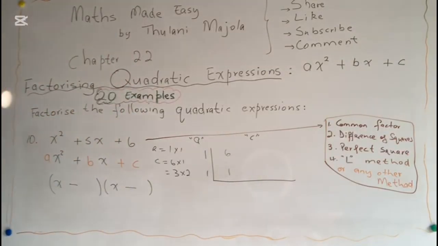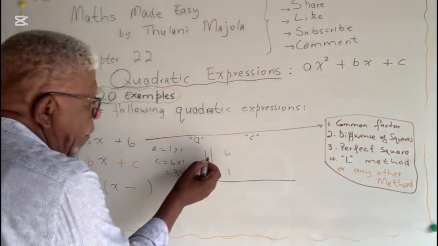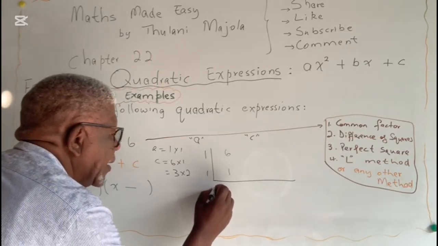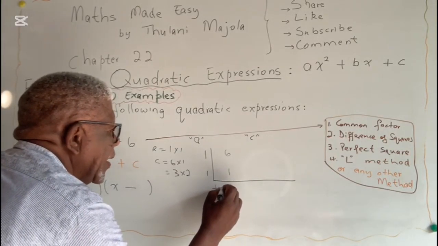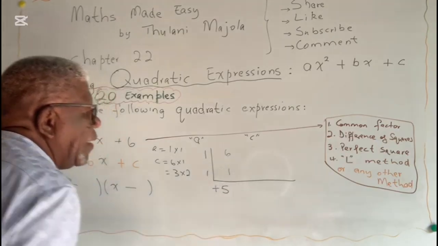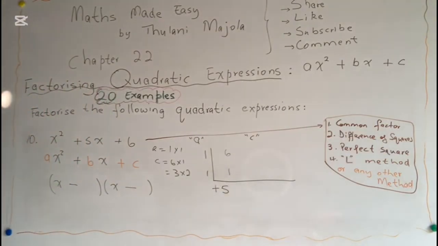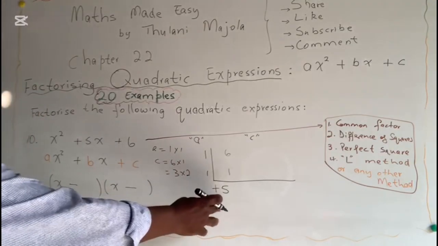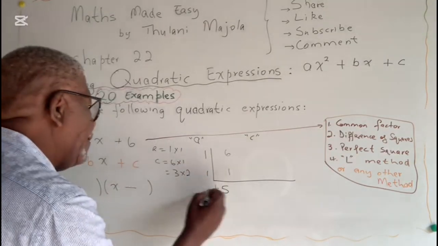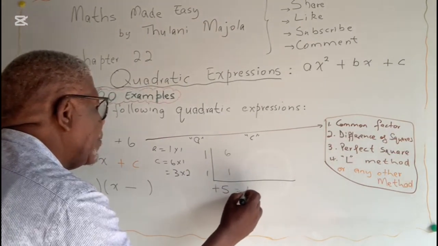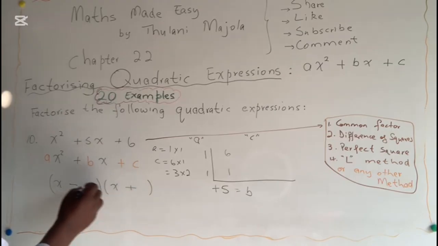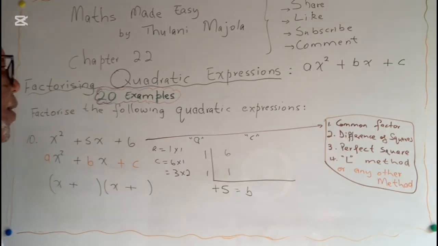You must get the P, and the P here is a positive 5. Since C is positive and P is positive, your C factors will be both positive.